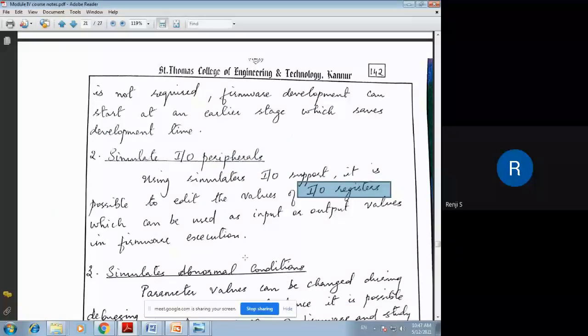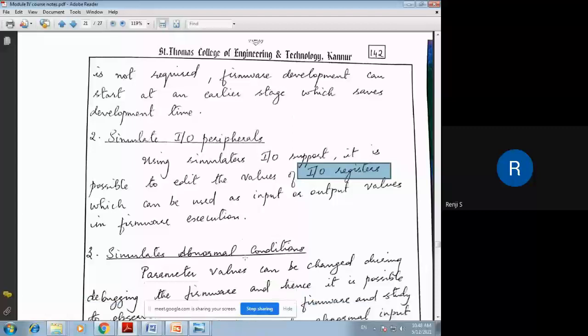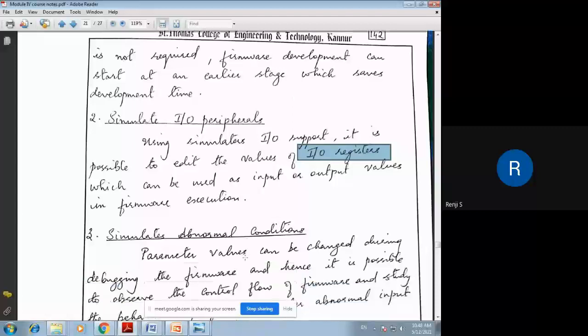Through registers, we can give input values, and output values will also be stored in some other registers. So these registers simulate the IO devices. And so you don't need the actual devices to give the input and view the output.